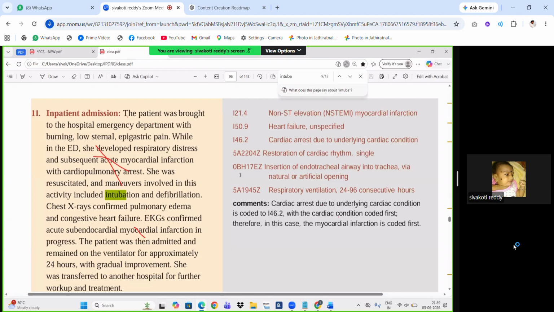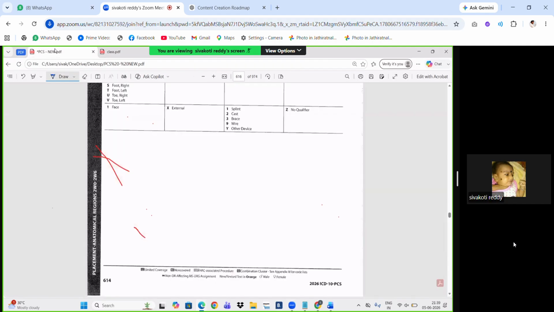Same respiratory ventilation, endotracheal intubation. Intubation or ET tube insertion, same only. Okay, under intubation, trachea. Where will they insert the endotracheal tube in our body? Via mouth. Mouth. So what approach will you get? Via natural or artificial opening, 7. Yes, sir. Then the approach should be endotracheal airway.